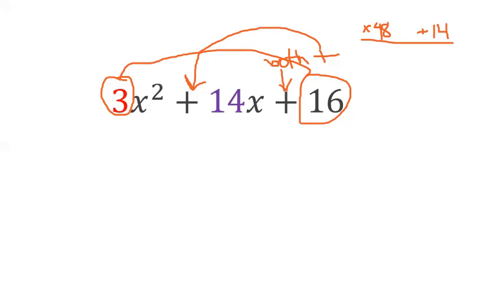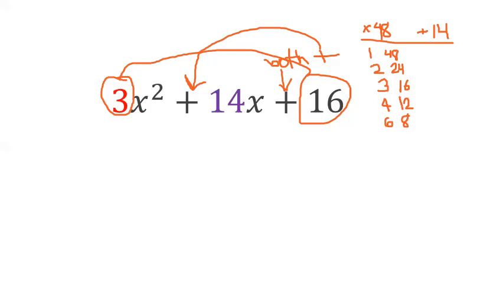So multiplying to 48, we have 1 and 48. We have 2 and 24. We have 3 and 16. We have 4 and 12. We have 5 not going into it, 6 and 8. 7 doesn't go into it, and now we're back at 8.